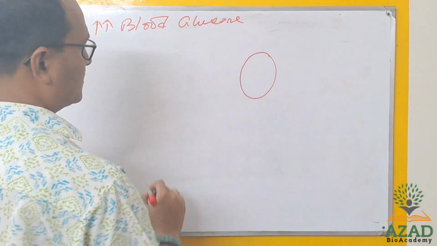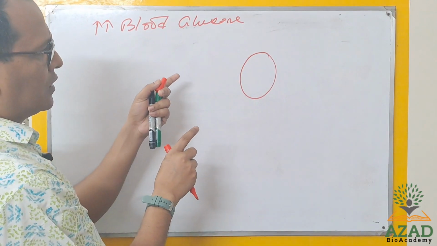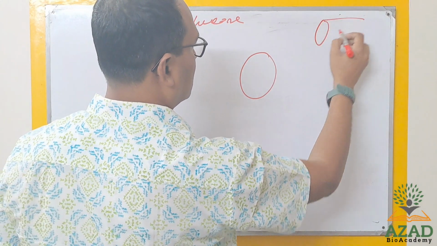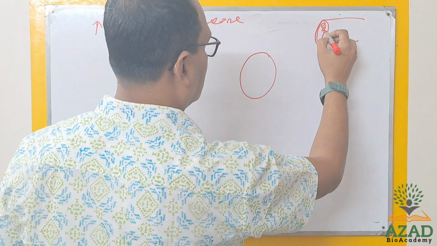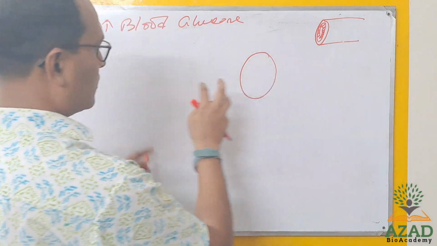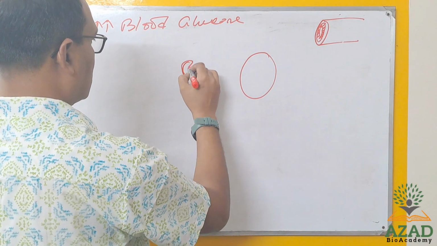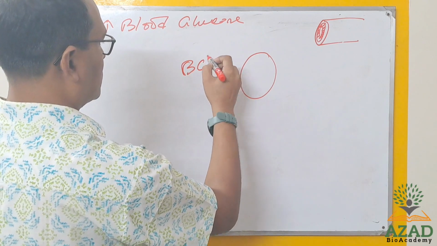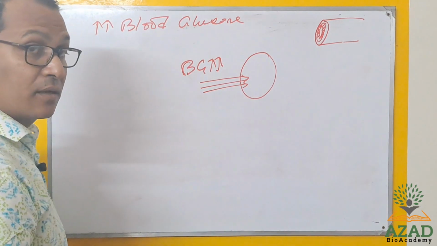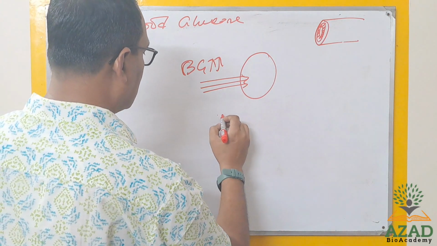Suppose this is a cell, and you can think this cell can be an endothelial cell from your blood vessel, the innermost part of which is composed of endothelial cells, or you can consider another retinal cell. So when your blood glucose is in excess, what will happen? Excess blood sugar will enter your cell.